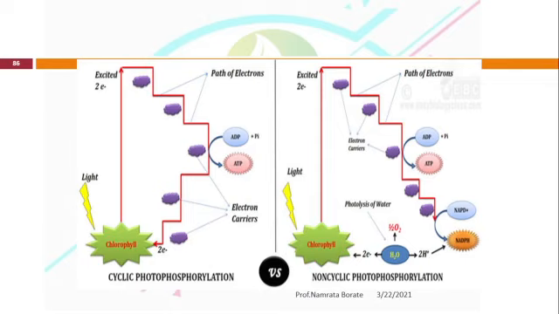In cyclic photophosphorylation, no photolysis of water takes place, but in non-cyclic photophosphorylation, the photolysis of water takes place. In cyclic photophosphorylation, the emitted electron comes back to the original state, but in non-cyclic photophosphorylation, the emitted electron does not come back to the original state.